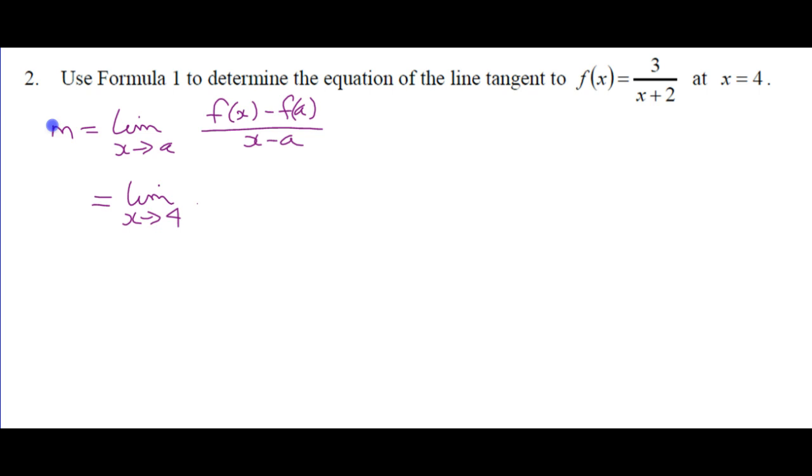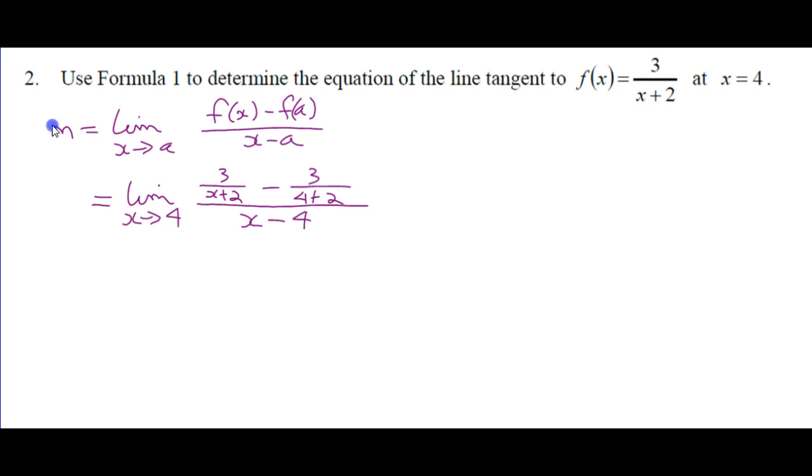Of f of x, which is 3 over x plus 2, minus f of a, which is 3 over 4 plus 2, over x minus a, or x minus 4. Okay, so that's what we want to work out.